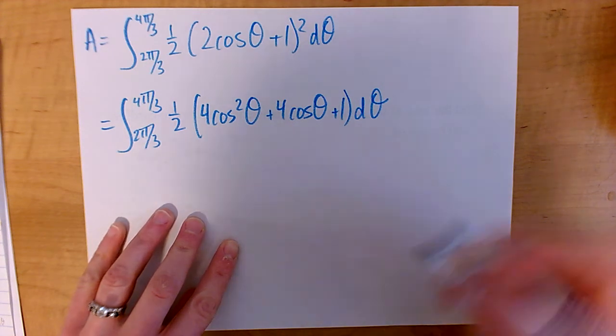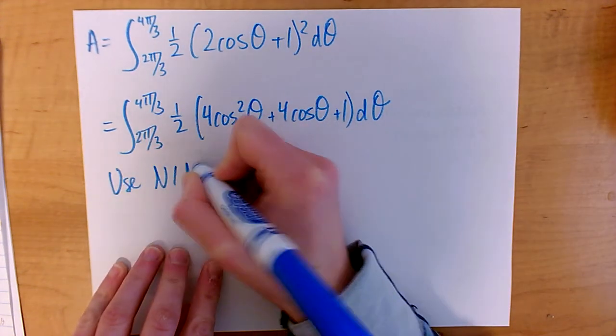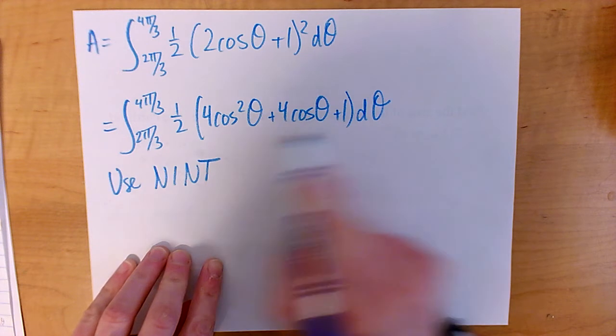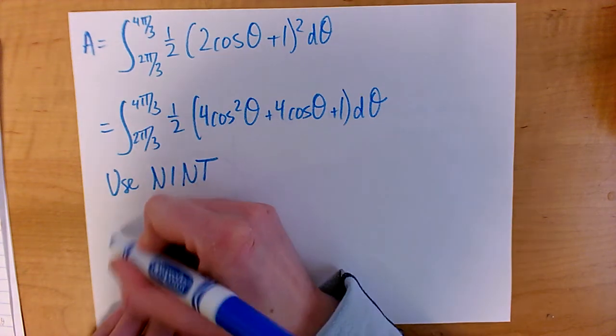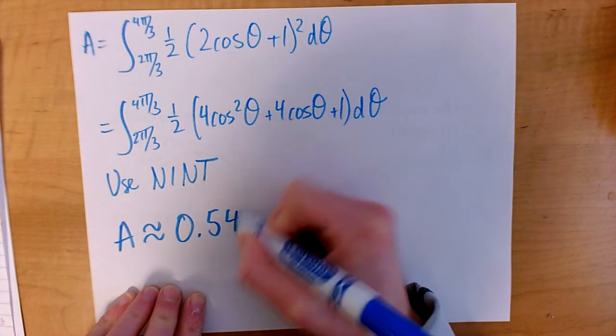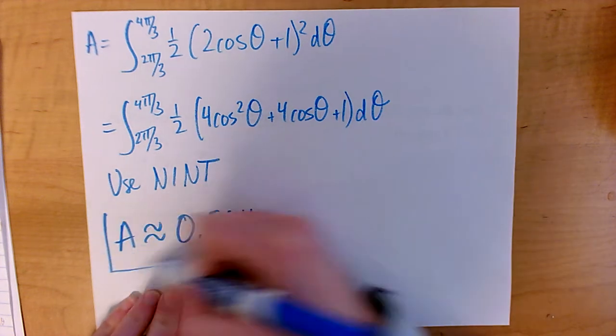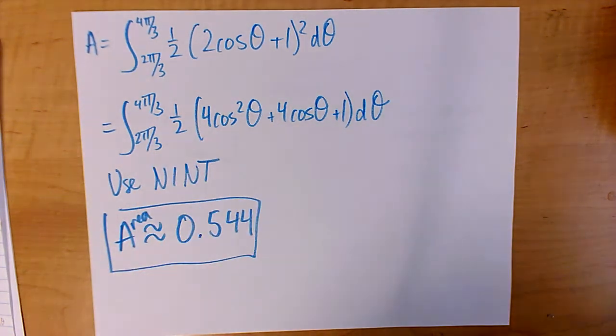Now this is something that I would use nInt on, okay, because I'm looking at this, and this could be a little bit of a mess trying to find our antiderivative. So if we nInt this, our area is going to be 0.544. And so that's the answer, and we're all done. Alright, so area is 0.544.